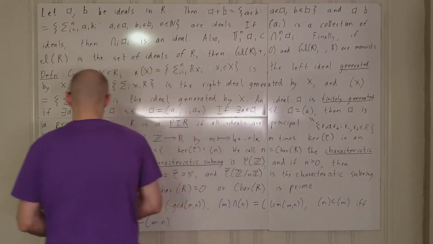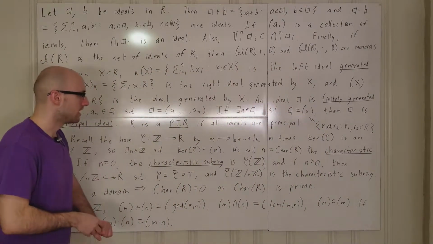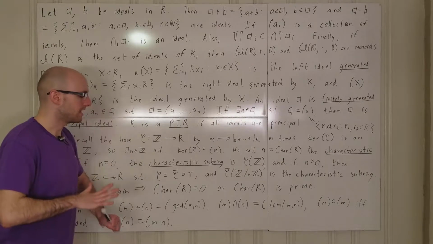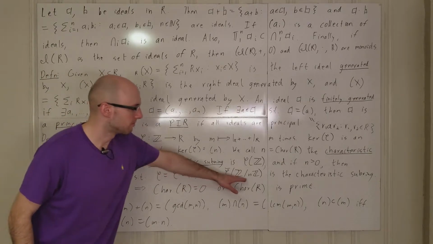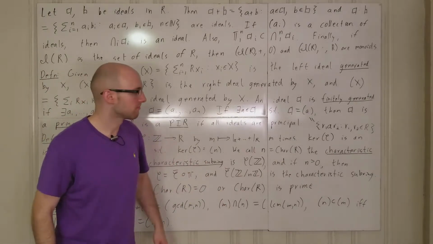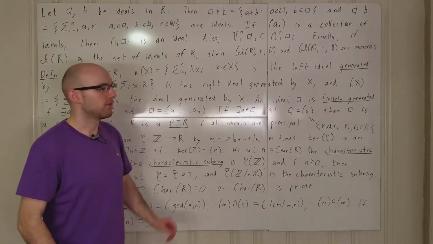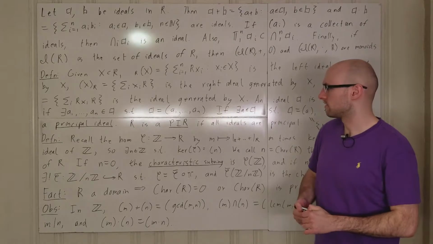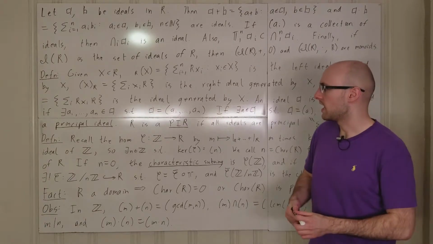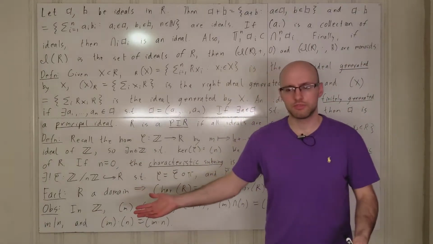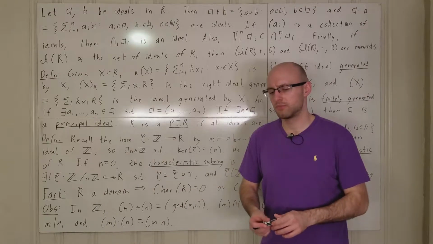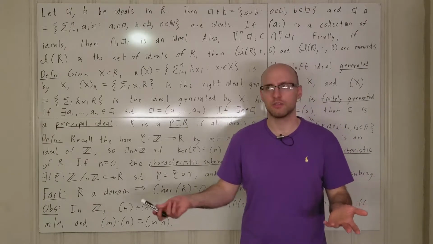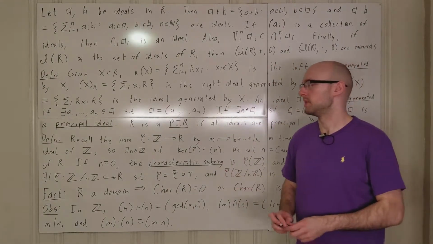And so what's going to happen is that the image is going to be isomorphic to Z mod NZ. And I guess that's the main thing that comes up with the characteristic subring: if n is 0, then the characteristic subring is infinite, or countably infinite.